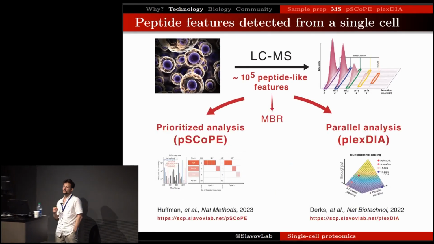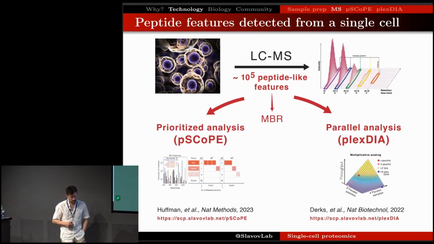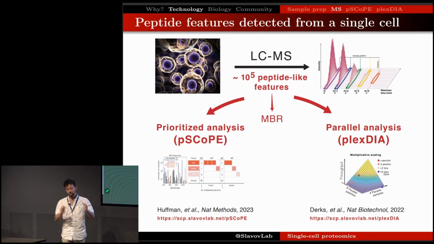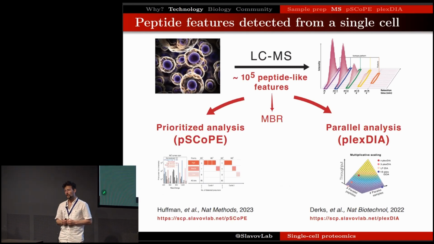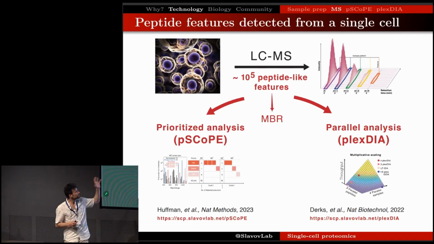And our approaches to that were two complementary strategies. One of those is, well, if we detect tens of thousands, hundreds of thousands of peptide-like features, we don't have the time to analyze each one of those one at a time separately. But at least we can pick and choose.